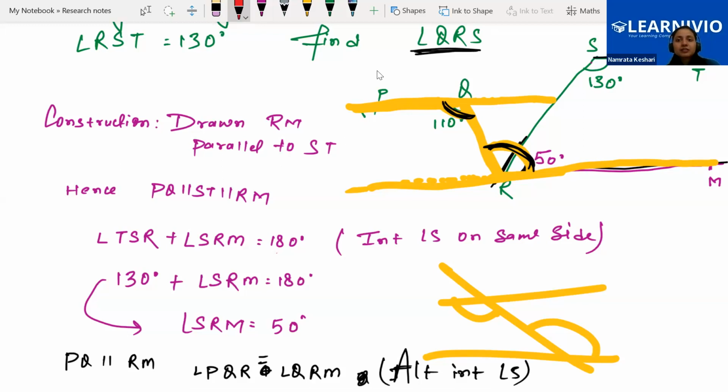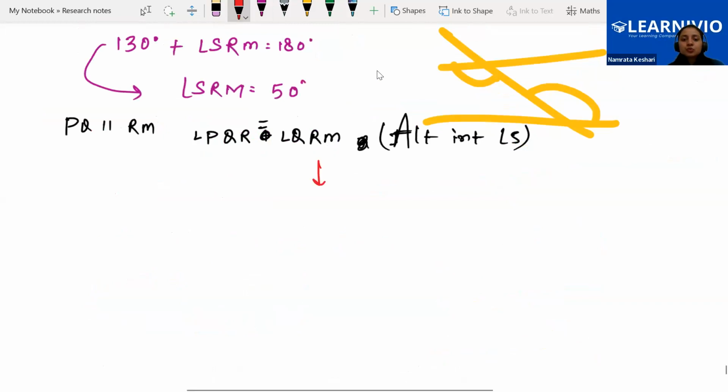Yes, perfect. QRS plus angle SRM. Check it. Can we write it like this? Yes or no?